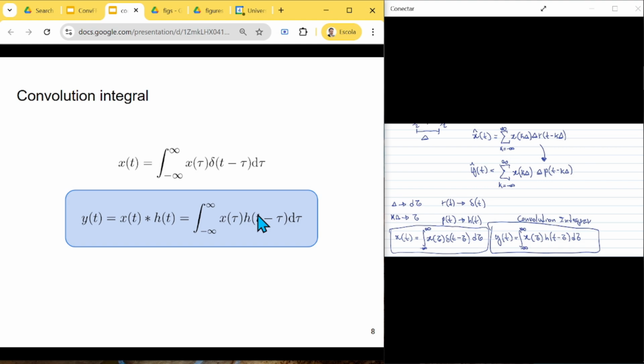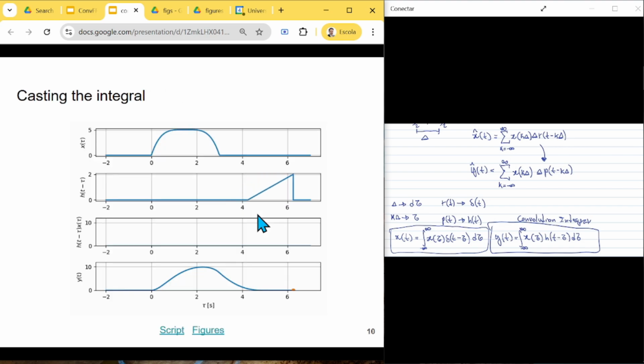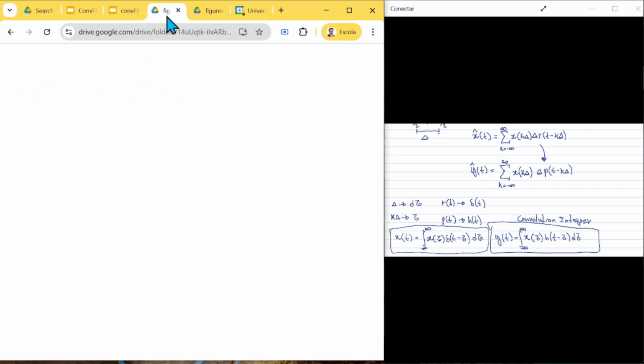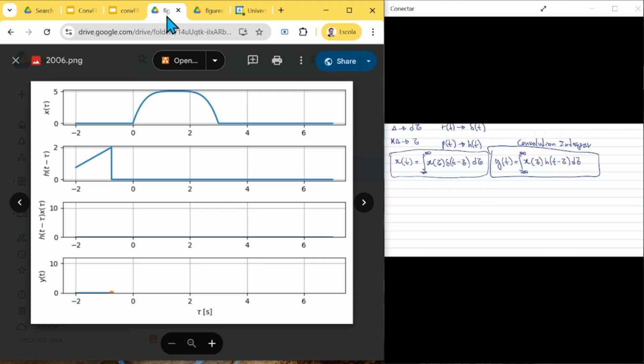So now, just like we did with discrete signals, let's cast the integral and see the things happening here. My independent variable is tau, so I have x of tau, I have this h of t minus tau, I have to multiply them and then integrate the product, right?